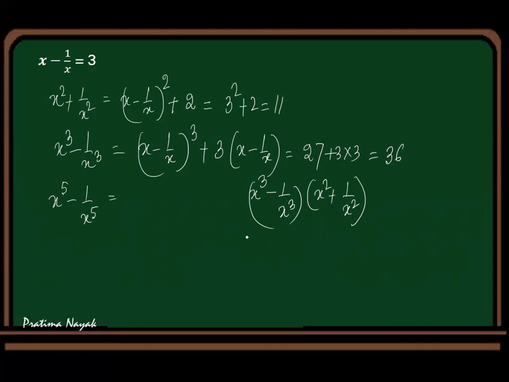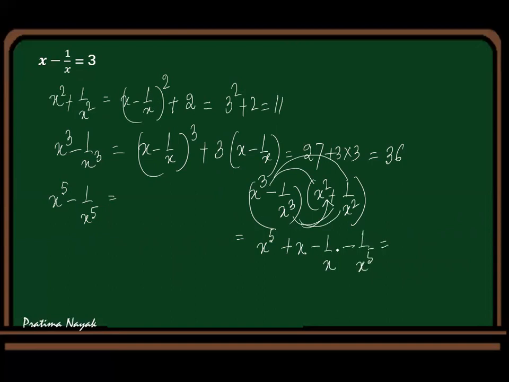Let us multiply and see what we get. I'm getting x to the power 5. Then I'm getting plus x cube divided by x square, that is x. Then I'm getting minus 1 by x. Then I'm getting minus 1 by x to the power 5.